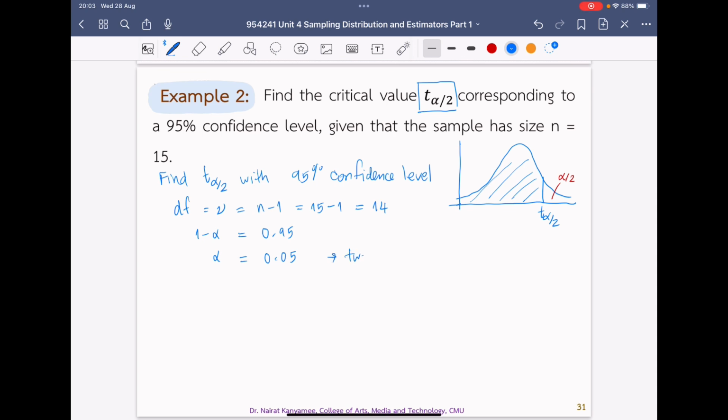And this is the two-tail area, so one tail is 0.05 divided by 2, which is 0.025.